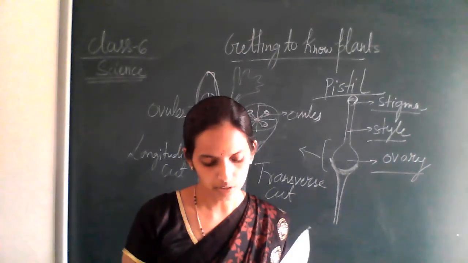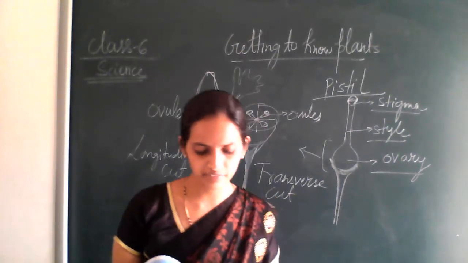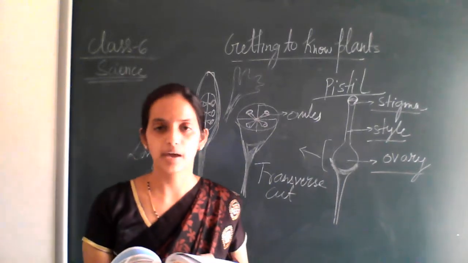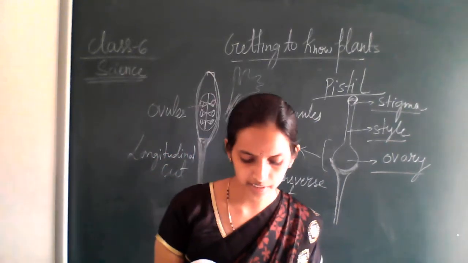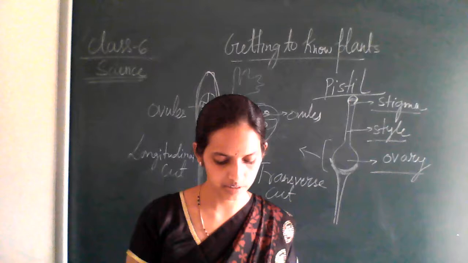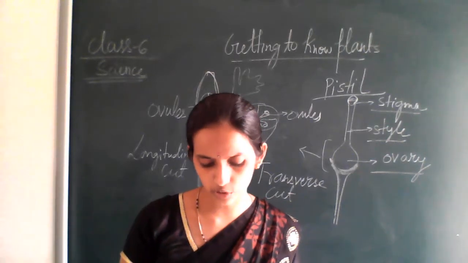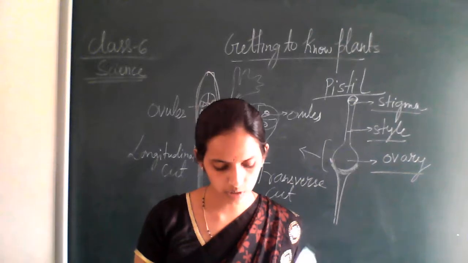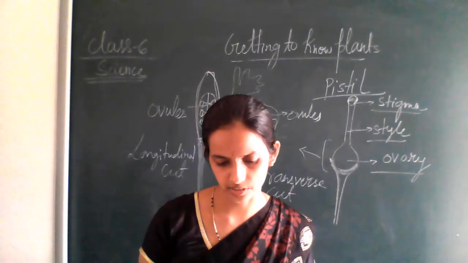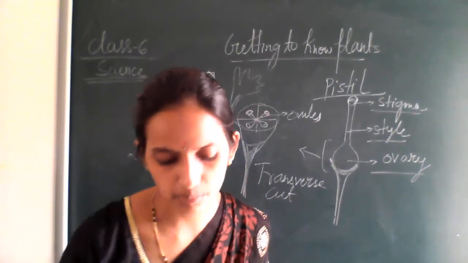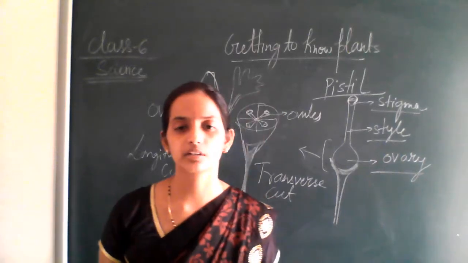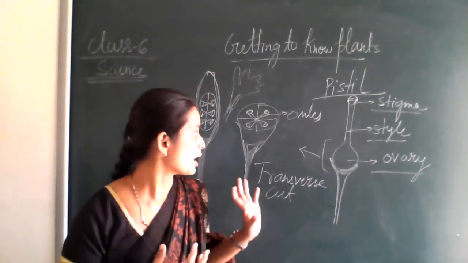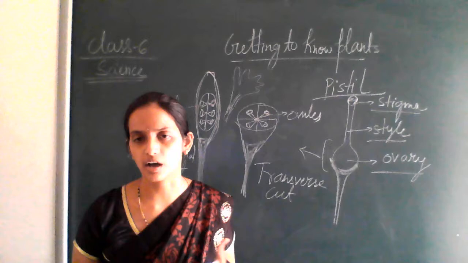Then, you have studied some features and functions of leaves, stem and roots. We have studied the structure of different flowers. We will learn about the function of flowers in higher classes. We will also learn about fruits in higher classes. So the next parts we are going to study in more detail about the parts of the flower.